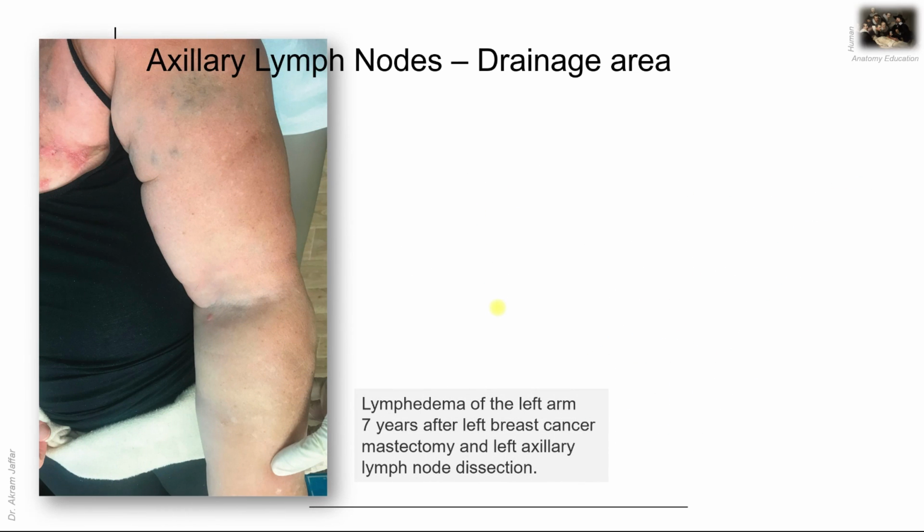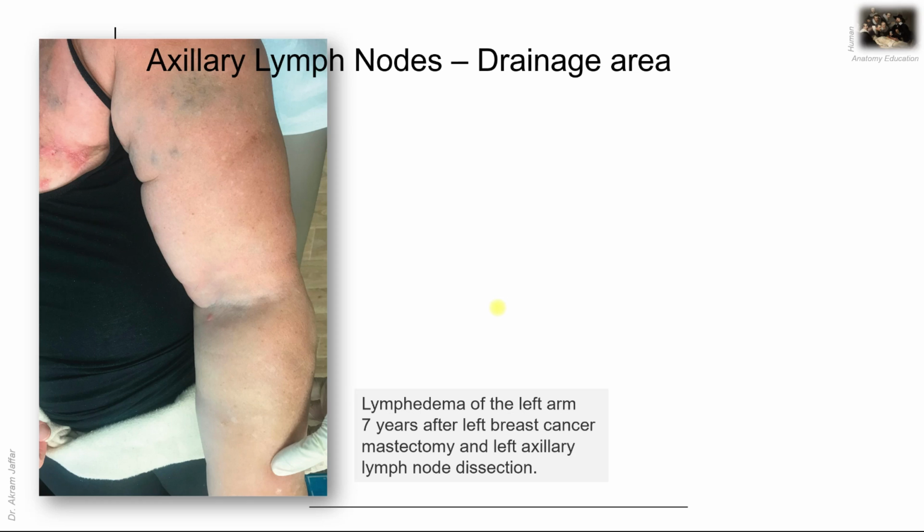Now, as I have just mentioned earlier, excessive removal of the lymph nodes and the lymphatic vessels will affect the normal lymphatic drainage of the limbs, whether in the lower limb, remember the case of the lymph node of Cloquet, or in the upper limb.